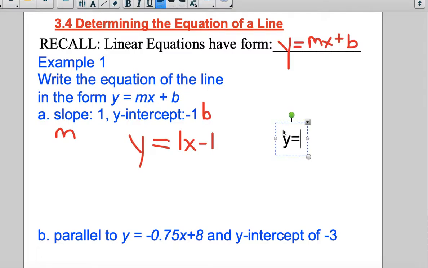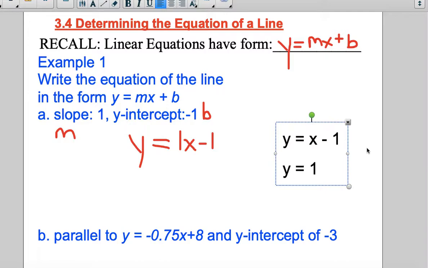So sometimes you're going to get, for an equation like this, x minus 1. So this is okay, because when we don't have a number here, we assume it's 1, and that's fine. Sometimes when you write this, you might start by writing y equals 1x, and since we have a plus here, sometimes people might write plus minus 1.